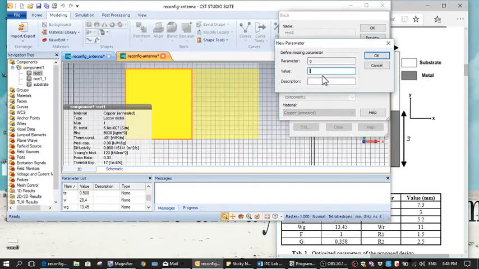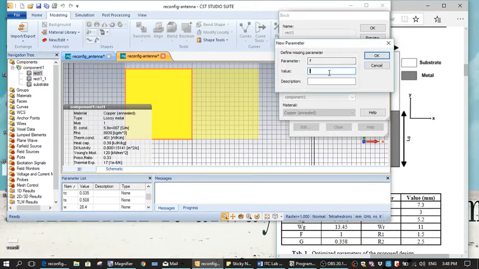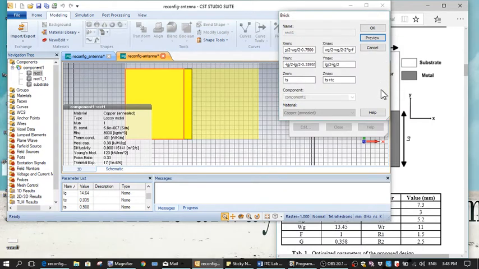It will ask the value of G, which is 0.358. Okay, and then it will ask the value of F, which is 1. Okay, so as you see, it has made a space, but we will do it for both the rectangles. So we need to subtract only a single G and half of F, because we are going to do the same for the other rectangle.